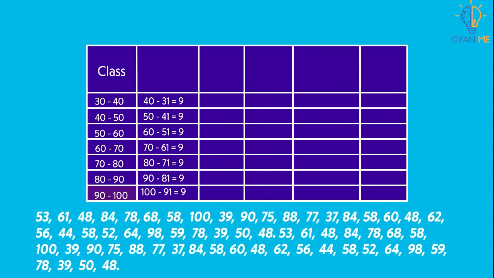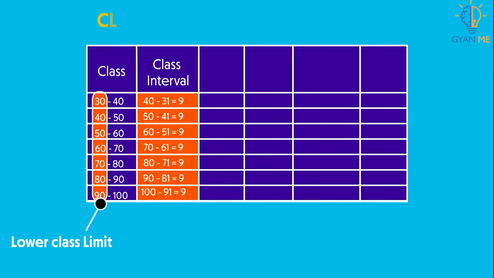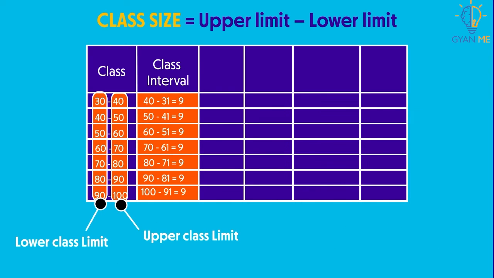Observe that each of these classes is of a certain width called the class interval or class size. To find class size, subtract lower limit from upper limit.